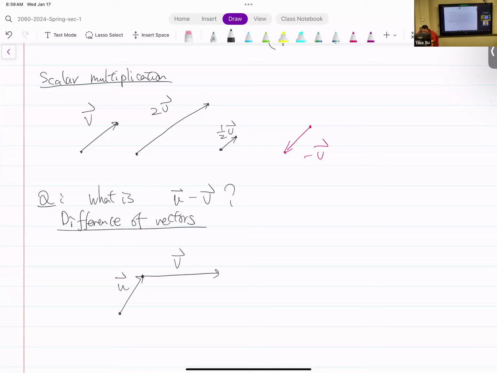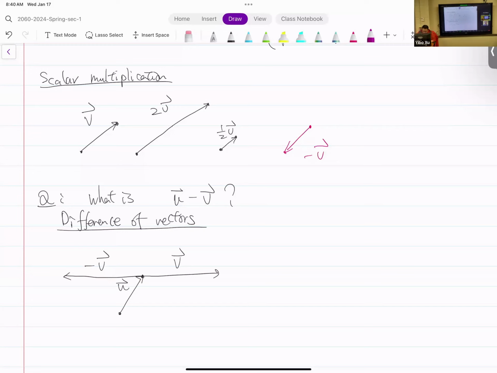So what we can do is we first negate V. Right? The negative of V is exactly the opposite vector along the same line as V, right? So that's negative V. And now, U and negative V have the tail of one stacked at the head of the other, right?